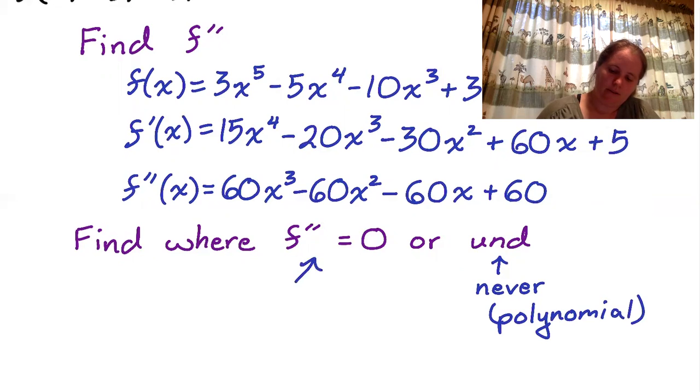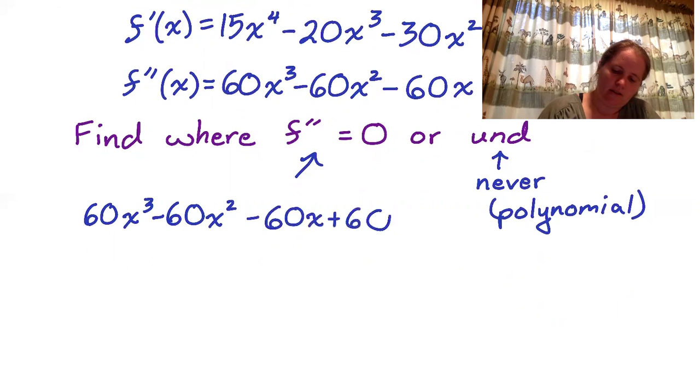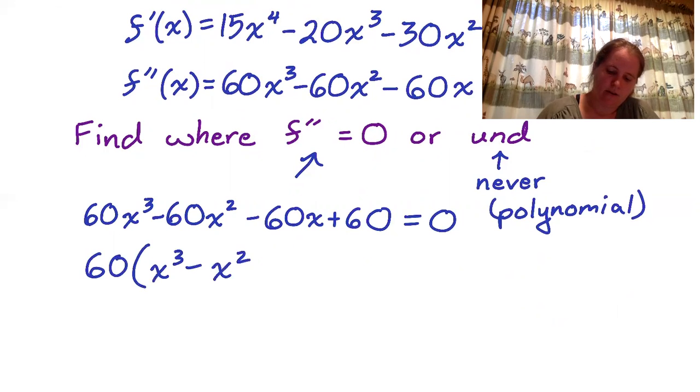Where it is equal to 0, we're looking for 60x cubed minus 60x squared minus 60x plus 60 is equal to 0. We can go ahead and factor a 60 out front. So we're left with x cubed minus x squared minus x plus 1, all equal to 0.